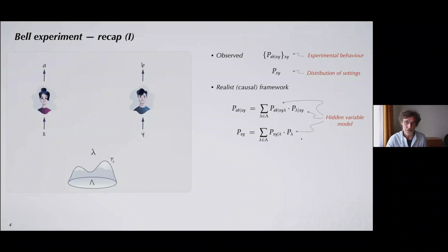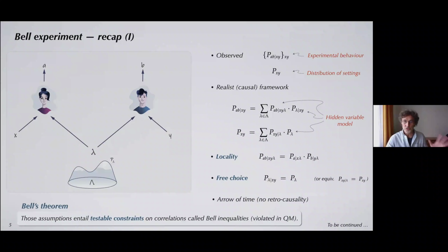So this behavior and this distribution of settings, and postulating or giving a hidden variable model, simply means that I need to give those three components, that is this probability distribution, as well as the distribution of the lambdas. So far I haven't assumed anything about the causal structure.